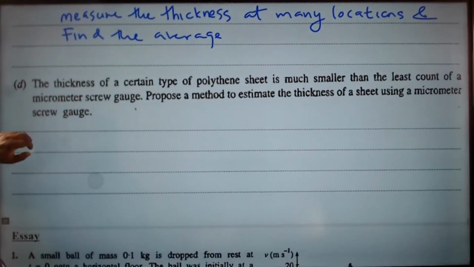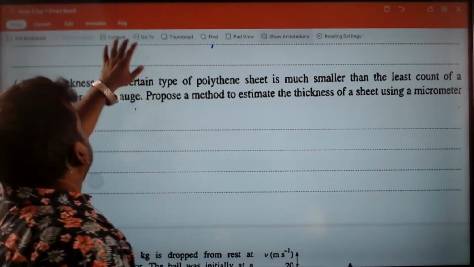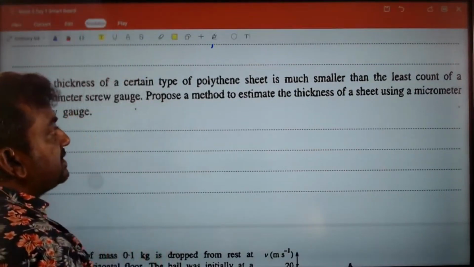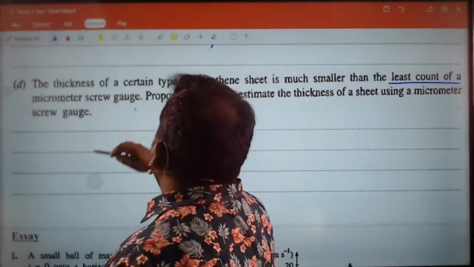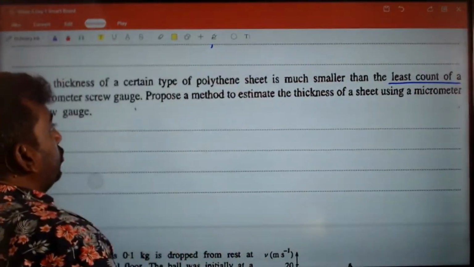The thickness of a certain type of polythene sheet is much smaller than the least count of the micrometer screw gauge. Propose a suitable method to estimate the thickness.